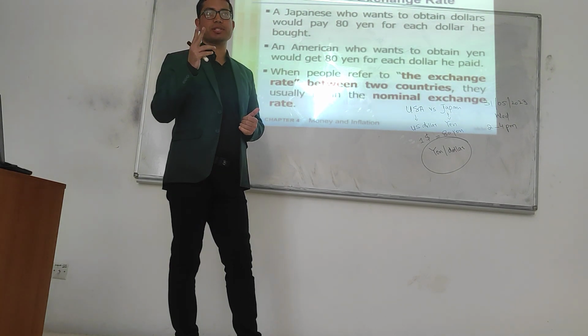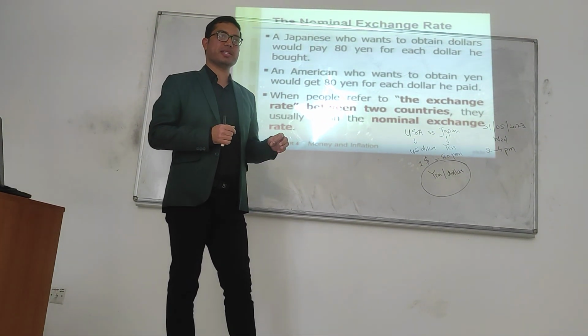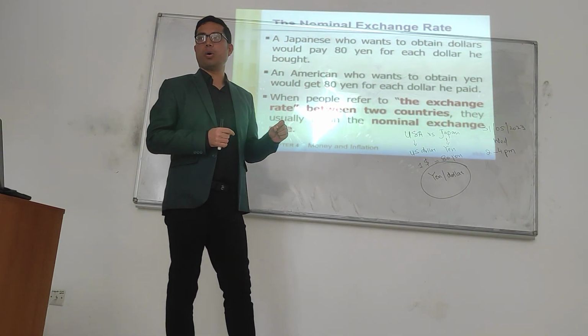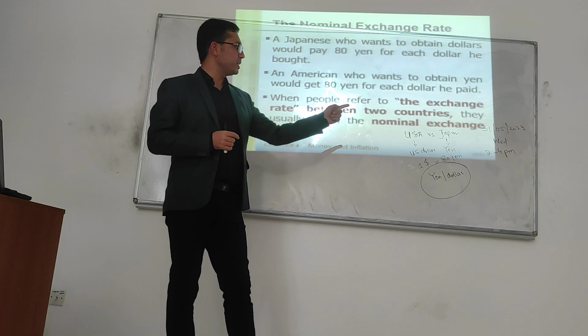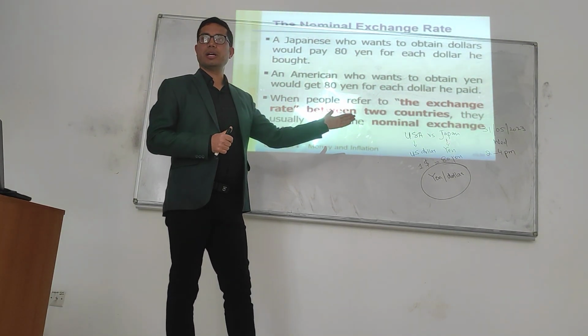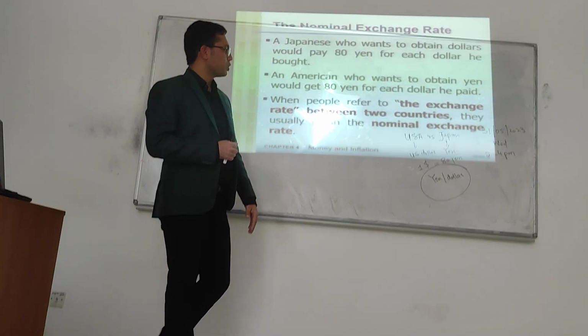There are two countries, one is home, one is foreign. If you belong to the United States, it will be considered as home. And let's say if you need the Japanese yen, in this case Japan will be considered as a foreign country.